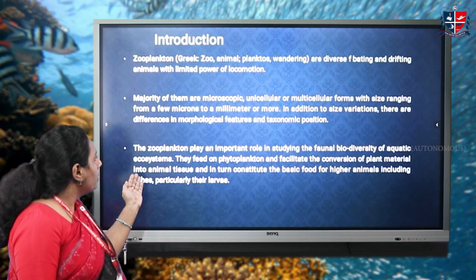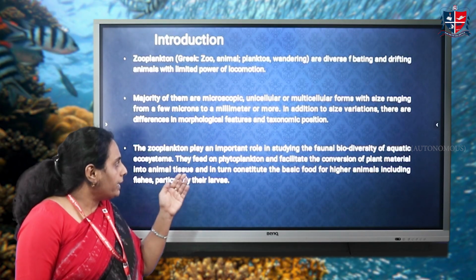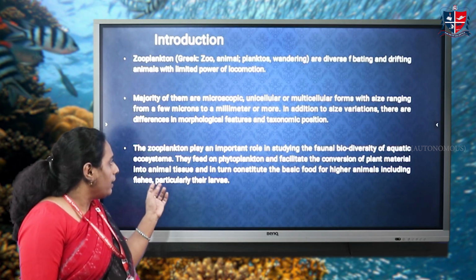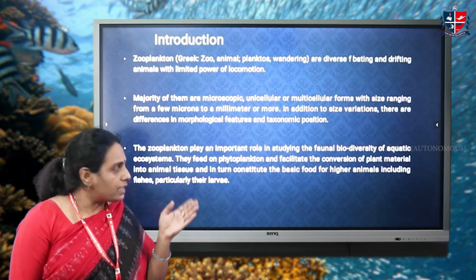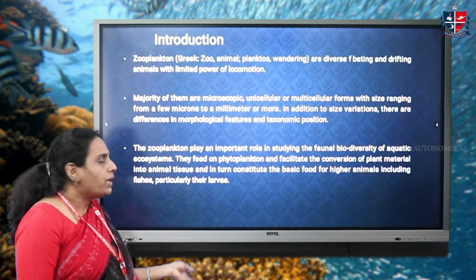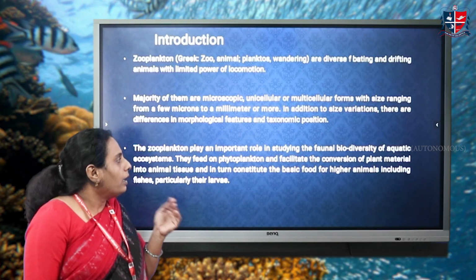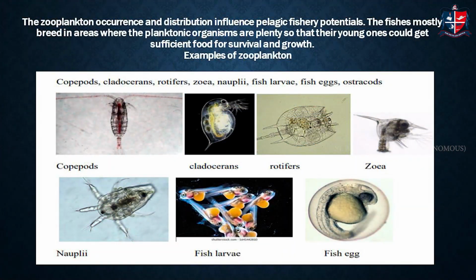Zooplankton play a major role in studying the faunal biodiversity of aquatic ecosystems. They feed on phytoplankton and facilitate the conversion of plant material into animal tissue, and in turn constitute the basic food for higher animals including fishes, particularly the larvae.